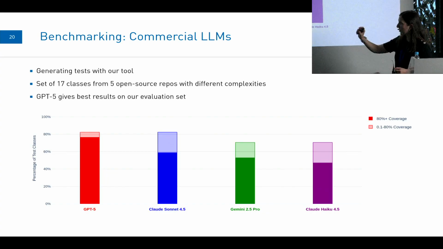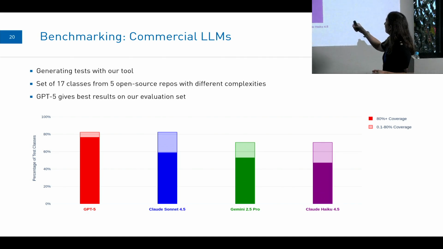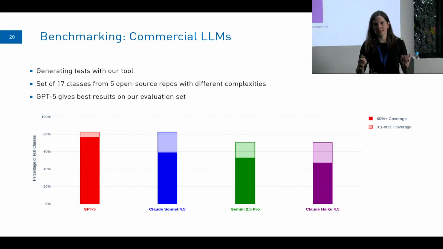What I'm showing here is the number of classes that achieved at least 80% mutation score, or between 0.1 and 80. The missing part is the classes for which we achieve absolutely nothing, so we have either no working test or no useful test.